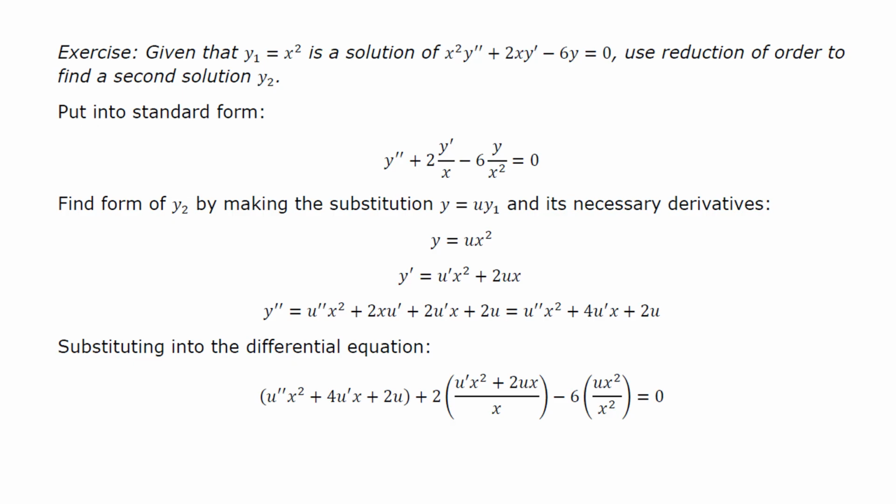Now I can simplify this DE, and I would get u double prime x squared plus 4u prime x plus 2u plus 2u prime x plus 4u minus 6u. Combining like terms then would get us x squared u double prime plus 6x u prime equals 0.